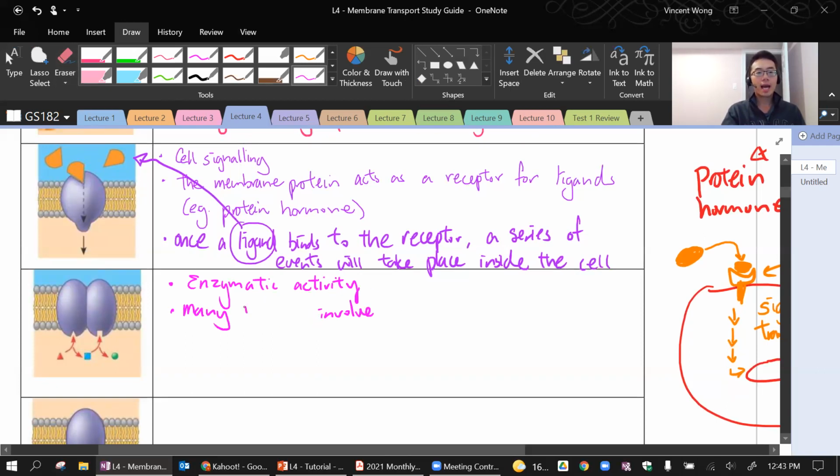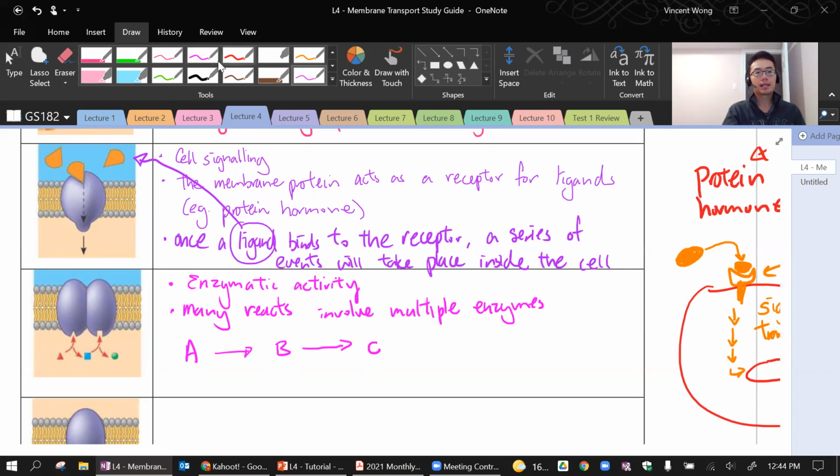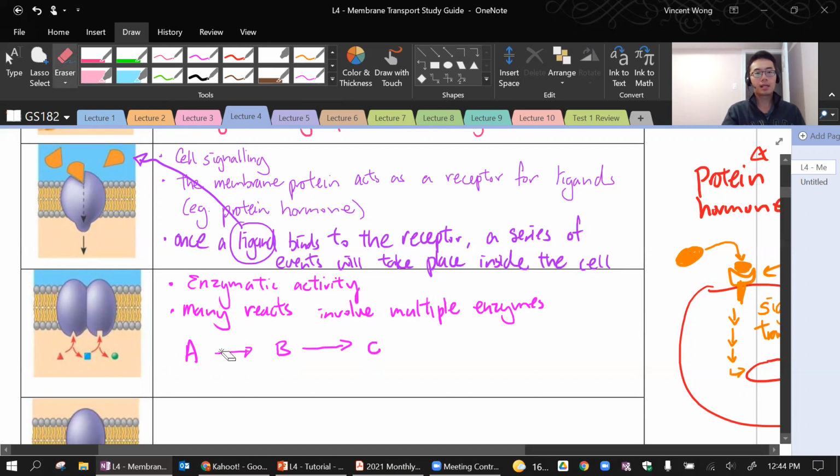Many reactions involve multiple enzymes. Like you might start with substrate A, then convert it into B, and then B gets converted into C. Each of these steps involves a distinct enzyme. You might need enzyme 1 to convert A into B, and to go from B to C, you will need enzyme 2.